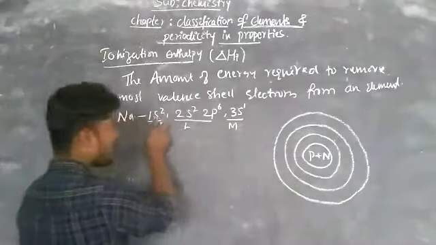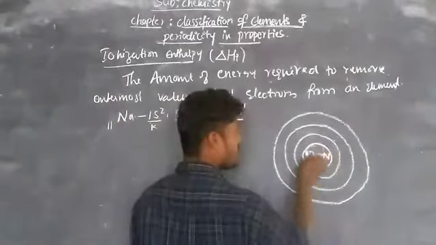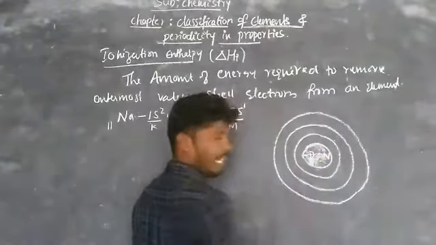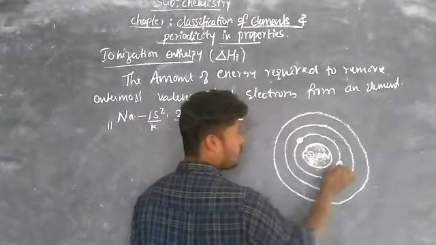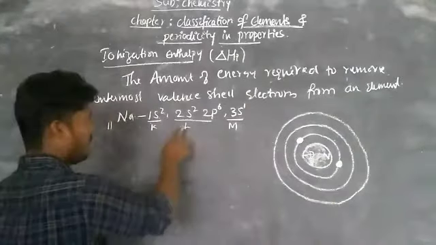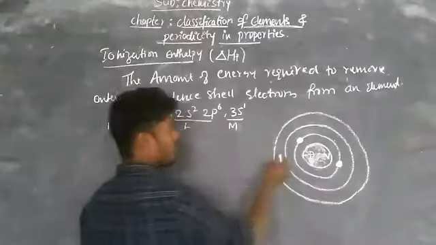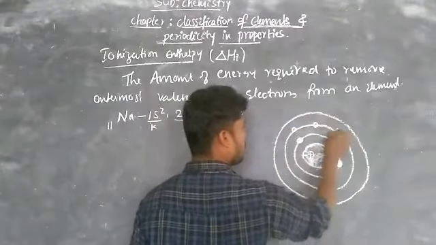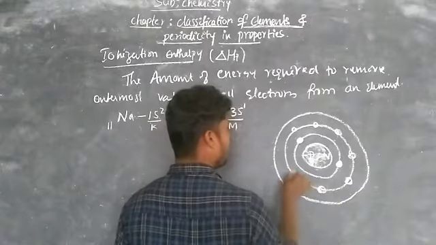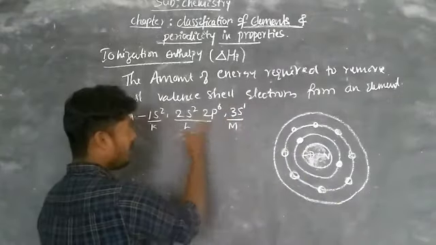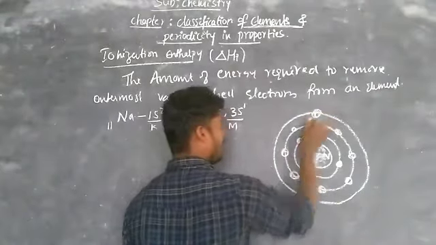The K shell contains 2 electrons. So this is the nucleus, and the shell containing 2 electrons, 1 and 2. Then the L shell contains 8 electrons, 1, 2, 3, 4, 5, 6, 7 and 8. Then lastly the M shell contains only one electron, right?